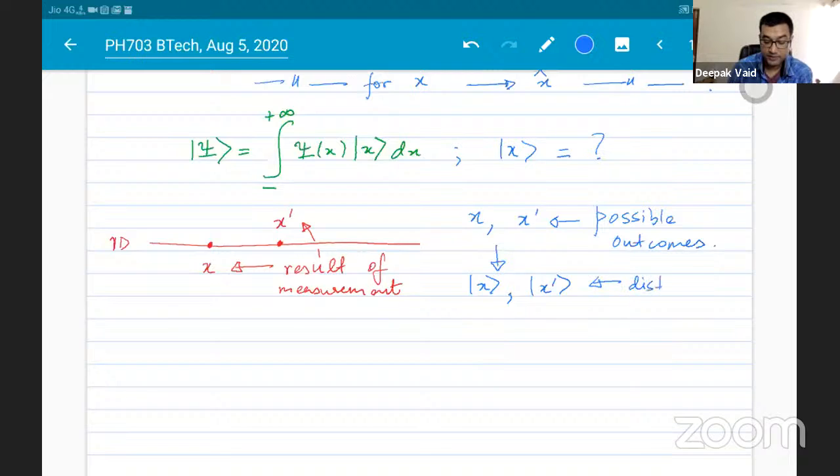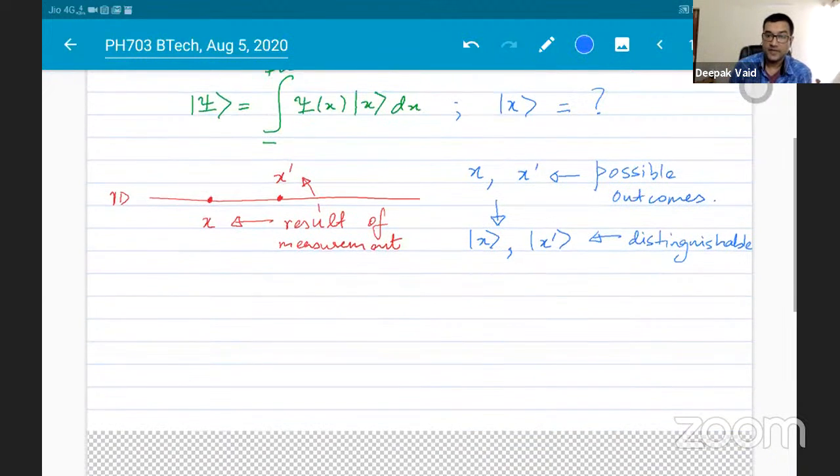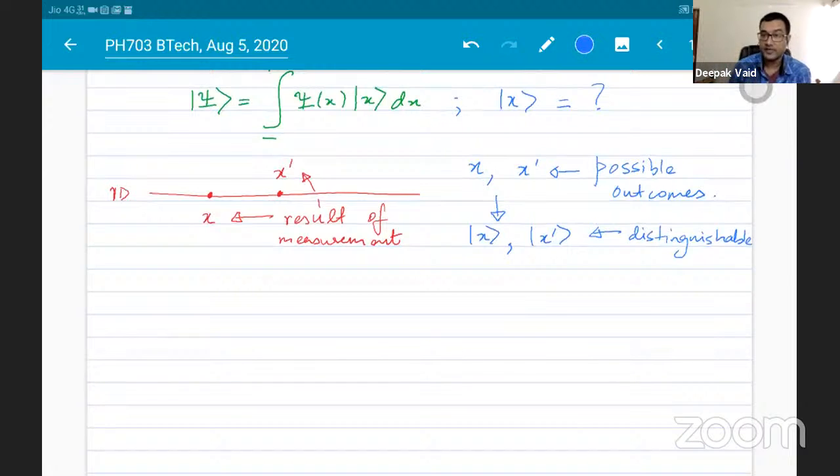These are distinguishable, meaning that if your particle is at x, then it cannot be at x prime when you make that measurement. And similarly, when it is at x prime, it cannot be at x. So since these are classically distinguishable, or at least that's what we assume, then their inner product will be 0.